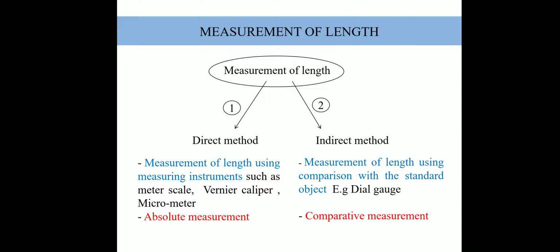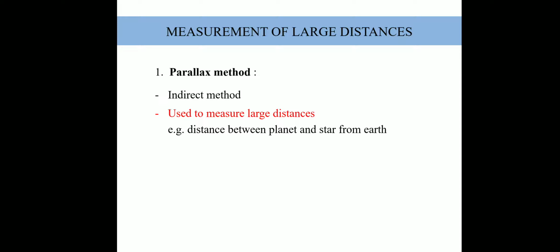One such method to measure very large distances, for example the distance between a planet and a star, is known as parallax method. What the meaning of parallax is, we will see in the coming slide.